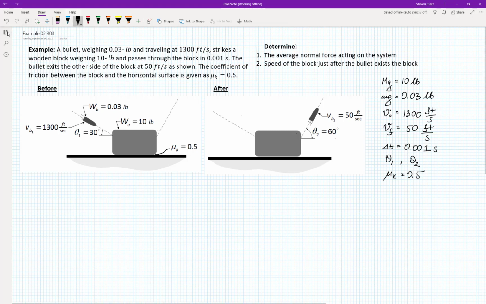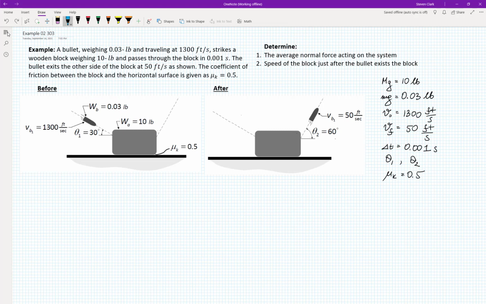Okay, so what do we have in here? We have again two bodies, right? We have our block and a bullet. What do we know about them? First of all, we know their weights, right? We know that the block weighs 10 pounds and the bullet weighs 0.03 pounds. I think that we also know the situation pre-impact, right?